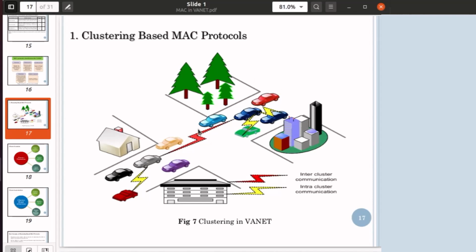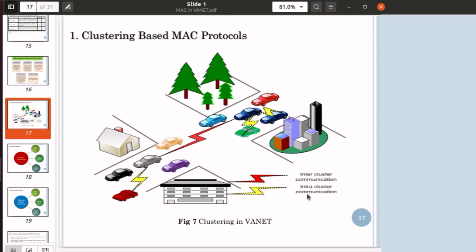Suppose all the vehicles of this region may be in a single cluster, and all the vehicles of this region may be in another cluster. During transmission there are two types of communication: inter-cluster communication and intra-cluster communication.